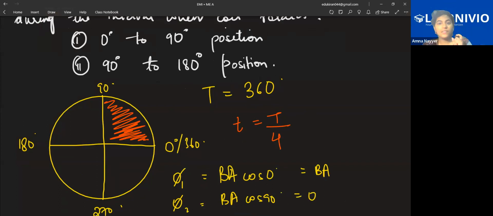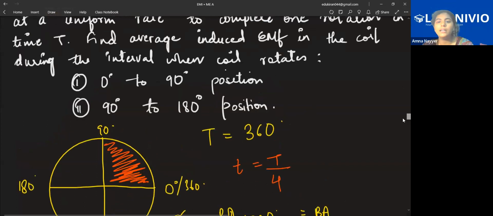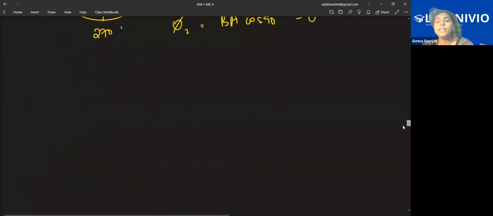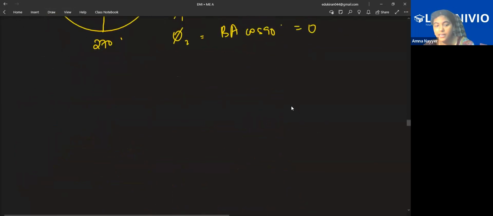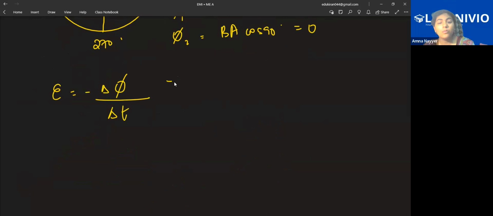So change in flux we have. What do we have to calculate? We have to calculate the induced EMF. That is our task. So how do we calculate the induced EMF? We have studied Faraday's laws of EMI. This says that it is minus delta phi over delta t. What is the change in the flux?